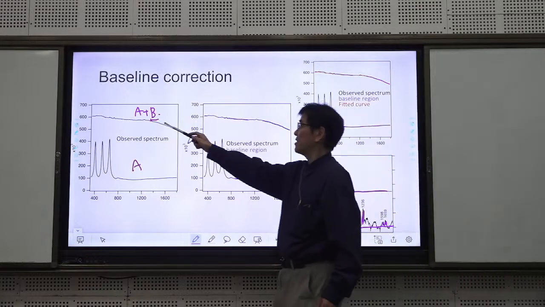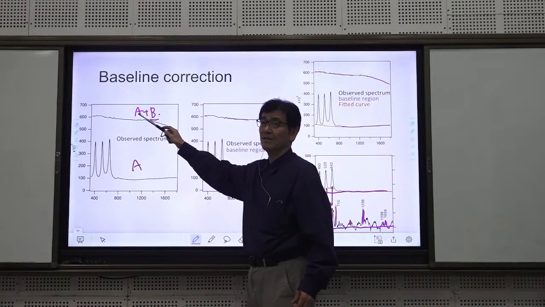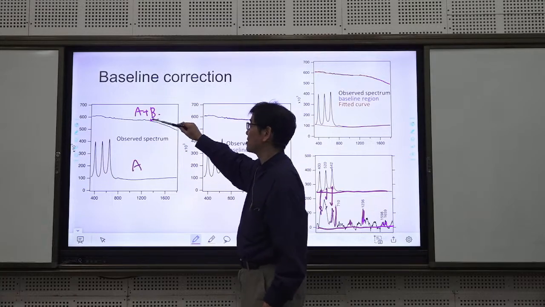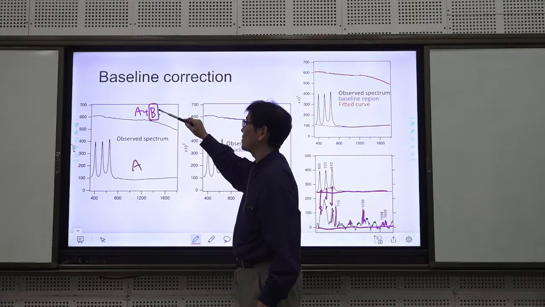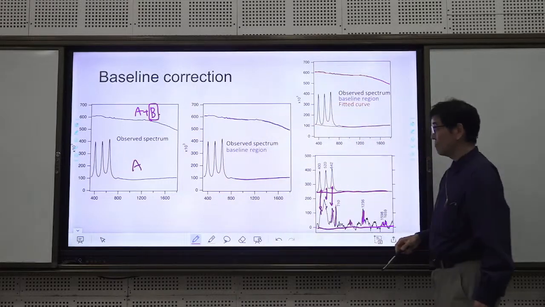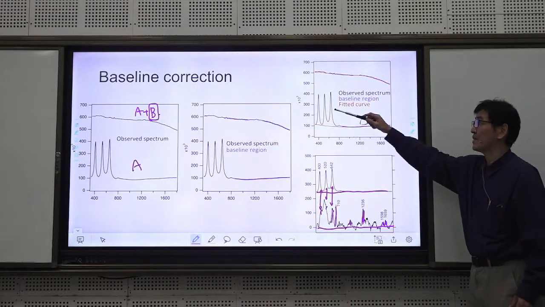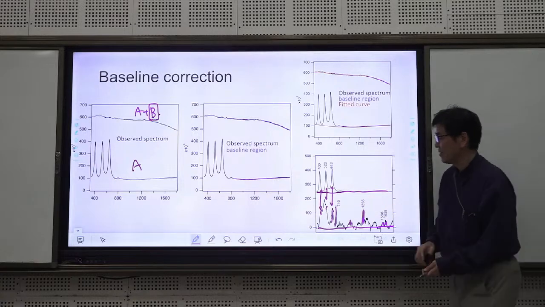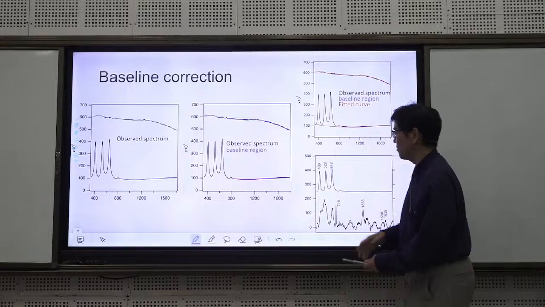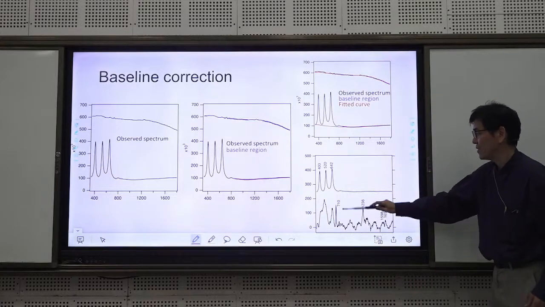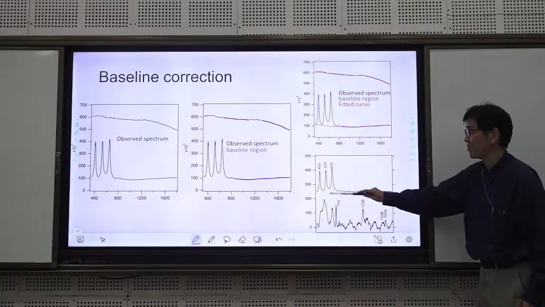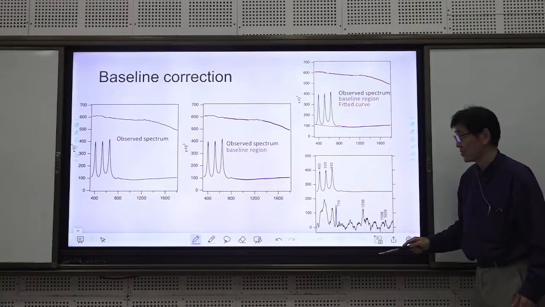At this stage, it was apparently difficult to discuss the contribution from compound B. But by performing the baseline correction, you see, we can discuss what is the peak position, and what is the width, and what is the corresponding relationship.